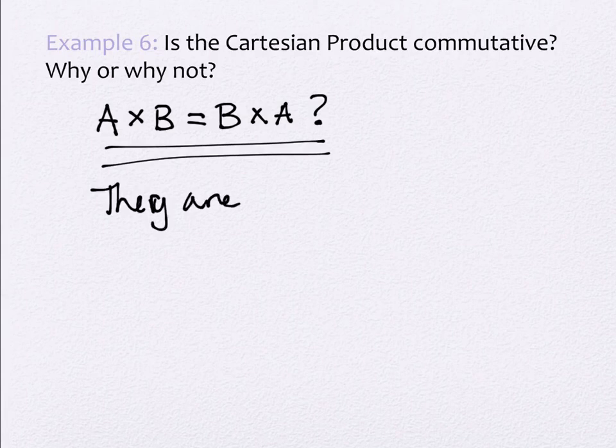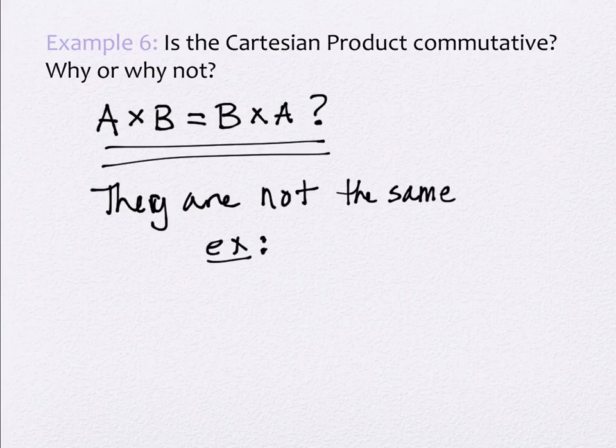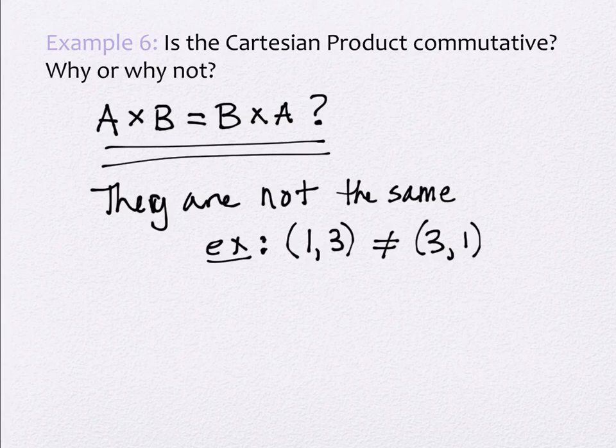They are not the same. An example from that number system: an ordered pair 1, 3 is not the same thing as the ordered pair 3, 1, right? They mark a different location in space. So that's an example showing why it fails.